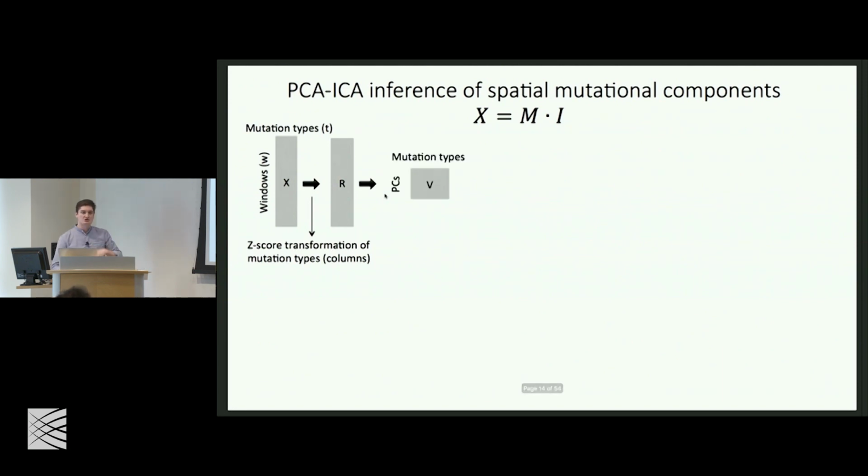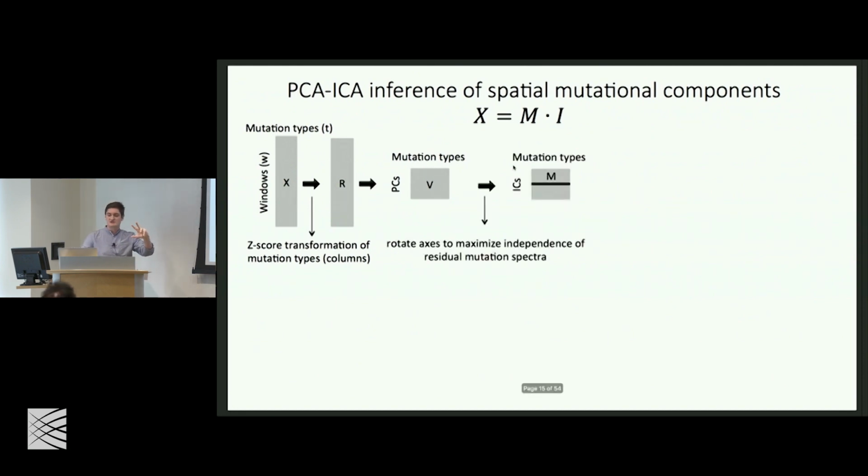And then we do dimensional reduction and consider the first some number of principal components and look at loadings of mutations per principal component, and then we rotate these principal components to maximize independence between them. And then we just interpret loadings of mutation types on a given component as a mutational spectrum.